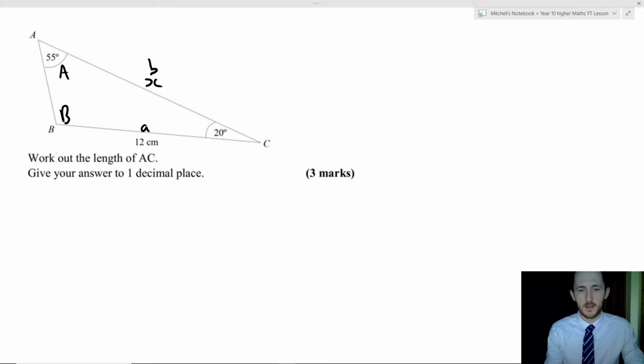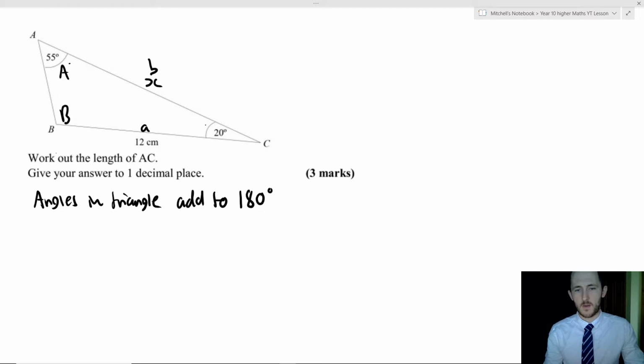Because the angles in a triangle add to 180 degrees. Again, I'm writing like a caveman. We have 2 of the angles already. So angle B should be 180 minus 20 minus 55.